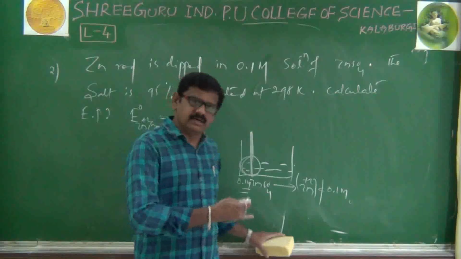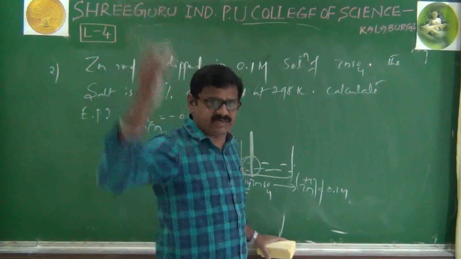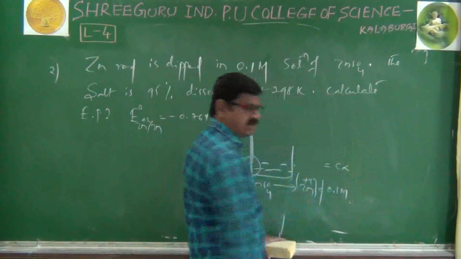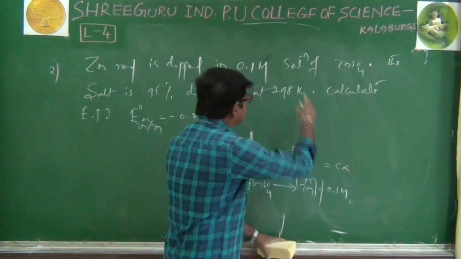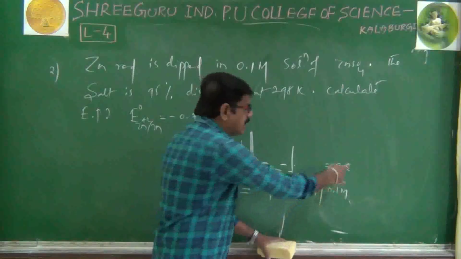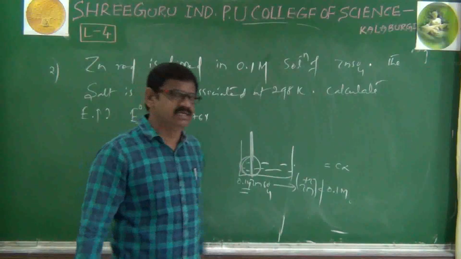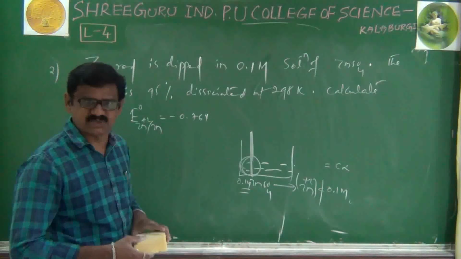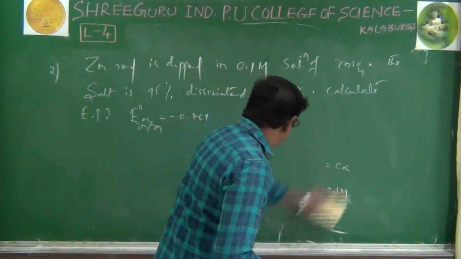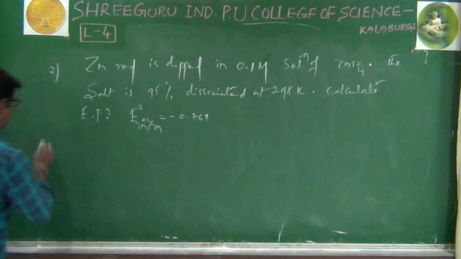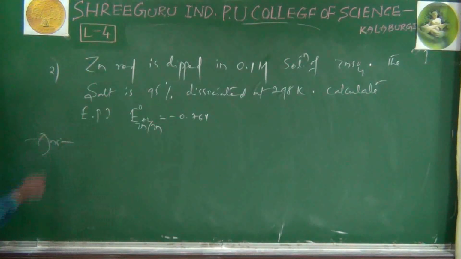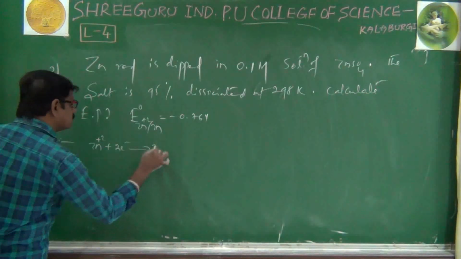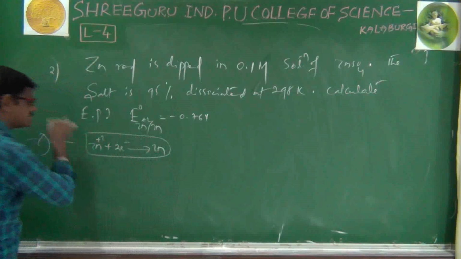Here we will use one formula which we learned in the first year equilibrium topic, that is concentration equals C alpha. C is the given concentration 0.1, and alpha is the degree of dissociation. How much dissociation is taking place? 95% dissociation. Therefore, we will write the equation: Zn2+ plus 2 electrons gives Zn, the reduction reaction.